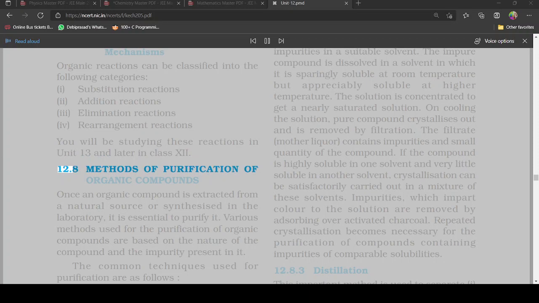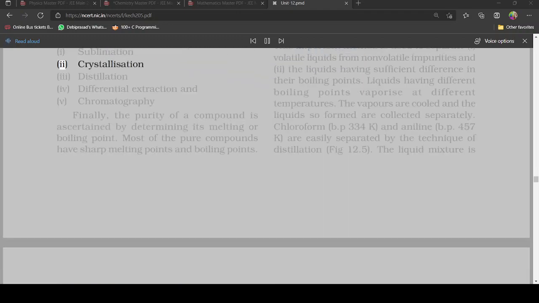12.8 Methods of purification of organic compounds. Once an organic compound is extracted from a natural source or synthesized in the laboratory, it is essential to purify it. Various methods used for the purification of organic compounds are based on the nature of the compound and the impurity present in it. The common techniques used for purification are as follows: 1. Sublimation, 2.